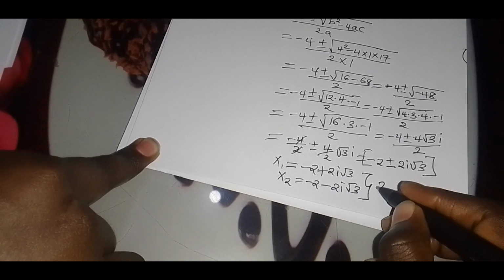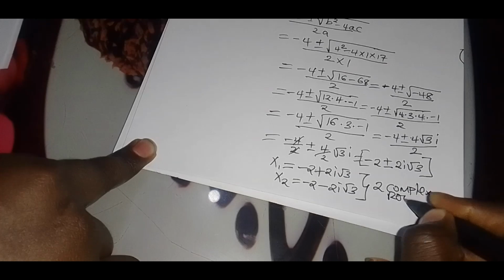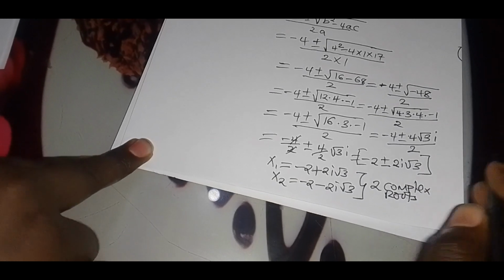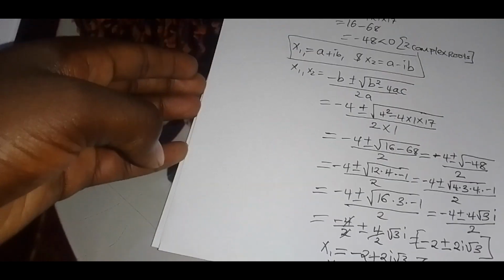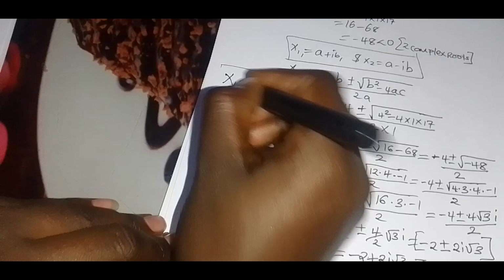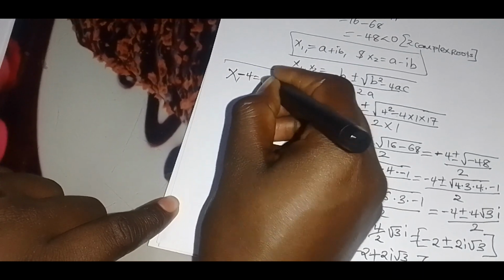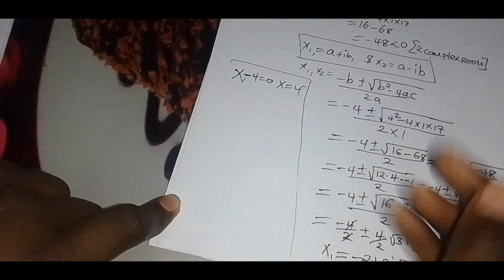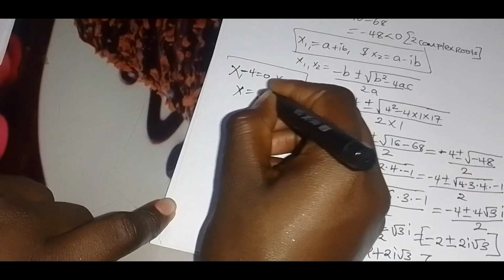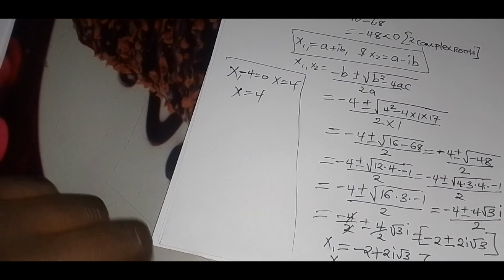Now these are two complex roots, or rather the imaginary roots. That means our real root, remember, is x equal to 4. This is the only real root that we have.